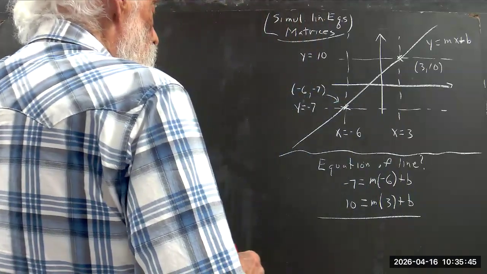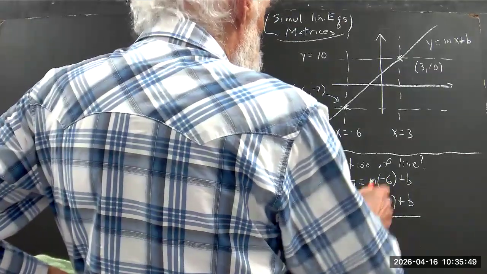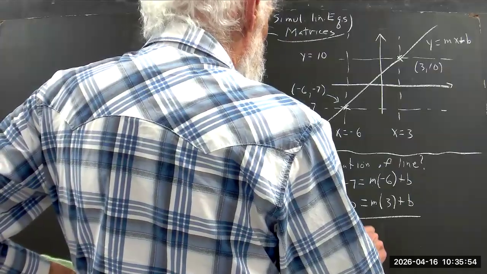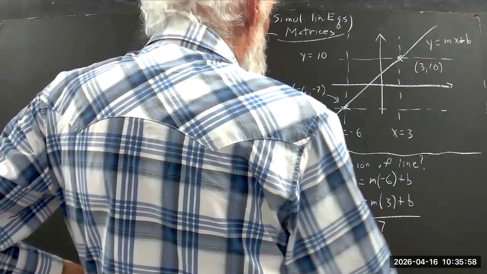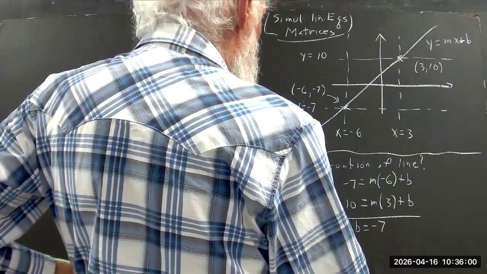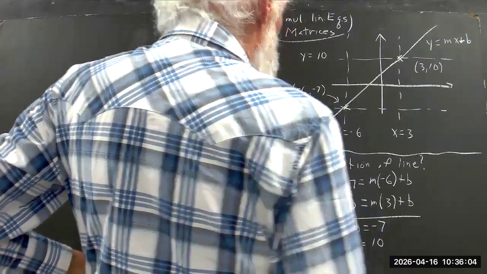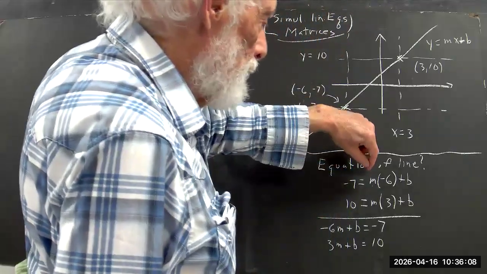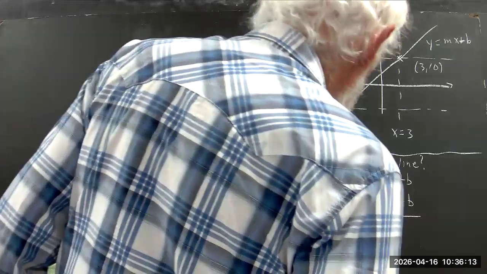I'm going to rewrite them slightly: the first equation as -6m plus b equals -7, and the second equation as 3m plus b equals 10. All I've done is switch the sides, and instead of m times -6, I write it as -6m.